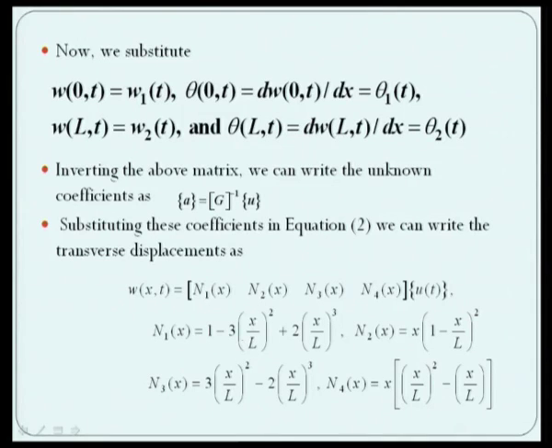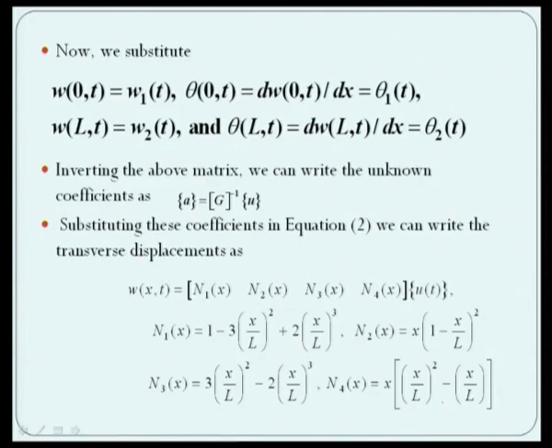So, at x equal to 0, we clearly see n1 is 1 and n2, n3, n4 are all 0. When x equal to L, we have 1 plus 3, minus 2, 3 minus 3 is 0, n2 will be 0, n3 will be 1 because it is the transverse displacement, that is 3 minus 2, and n4 will be equal to 0.